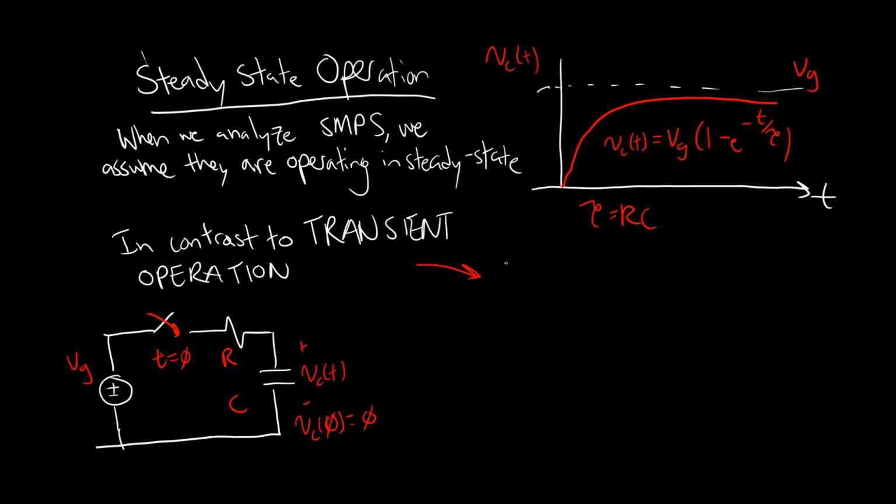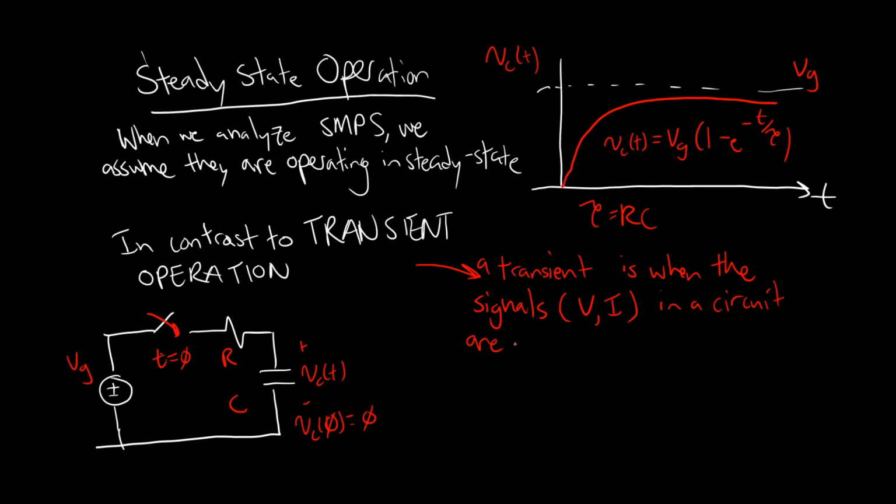So in other words, transient operation, or a transient, is when the signals, let's say the voltages and the currents in a circuit, are varying.